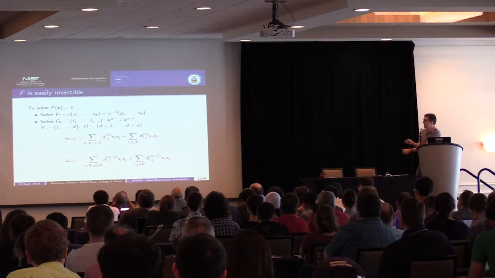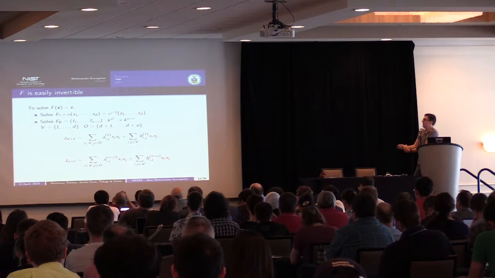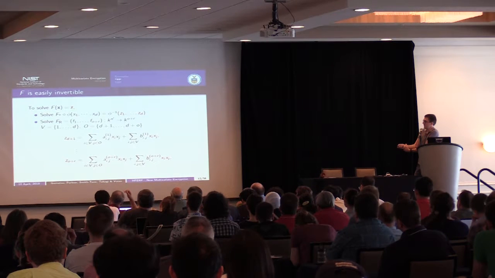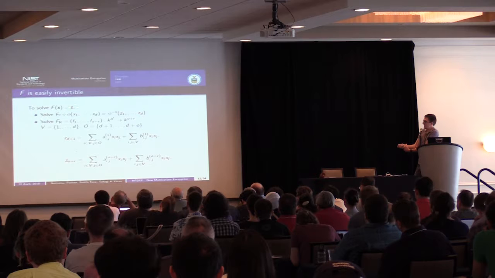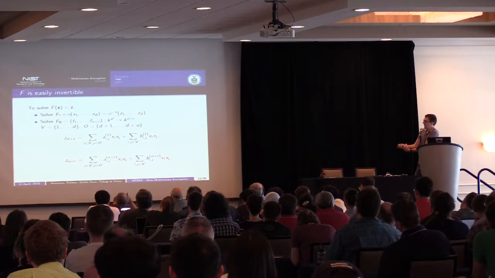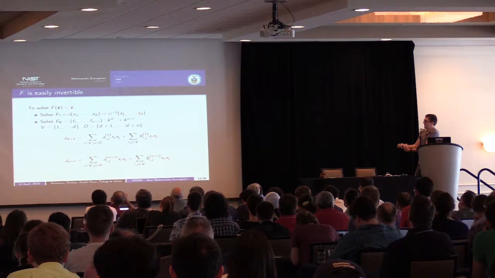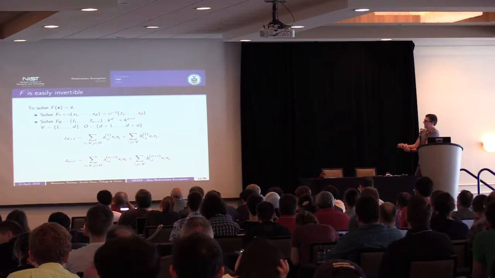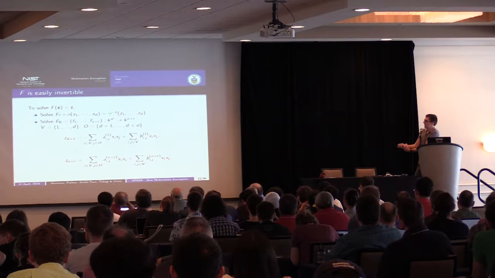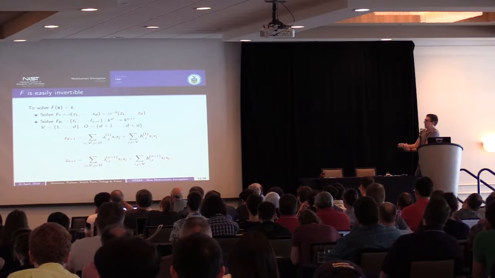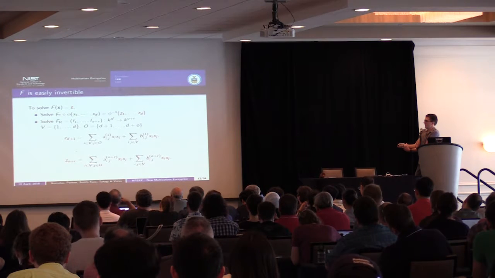Okay. So it is easy to invert this map under the assumption that f star is easily invertible. So if I want to solve the equation f of x equals z, here z is red, indicating that it's a known value. Then the first step is to solve just the f prime part. So what you do is you take the first d components of z, you apply phi to them to lift them back up, apply f star inverse, and then phi inverse to recover x1 through xd.